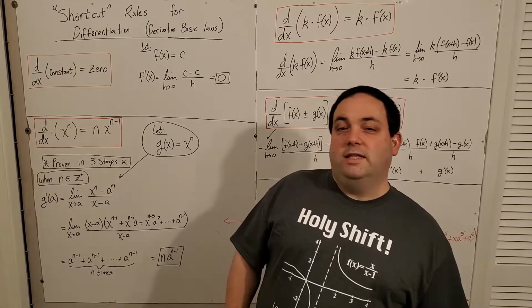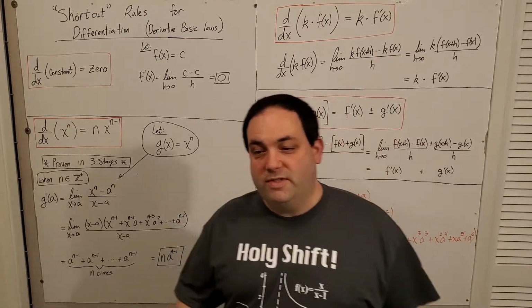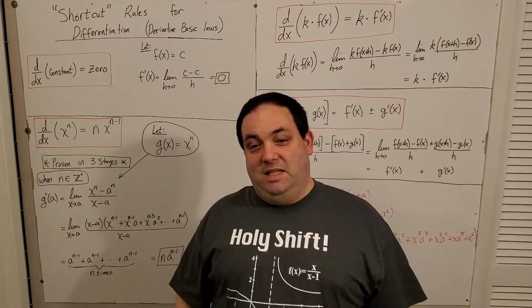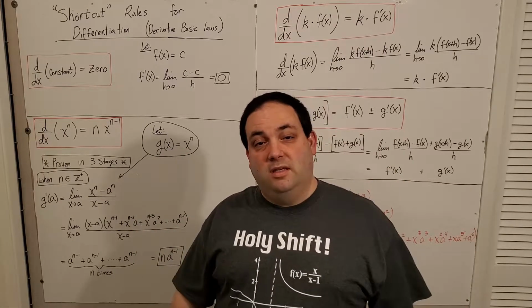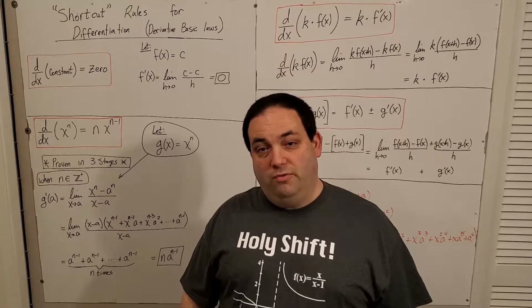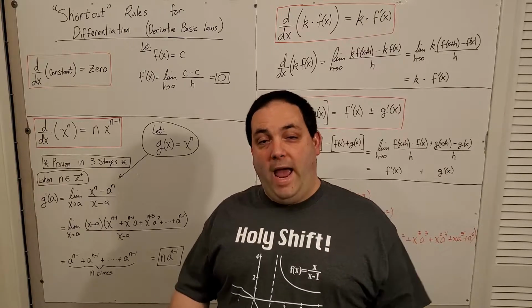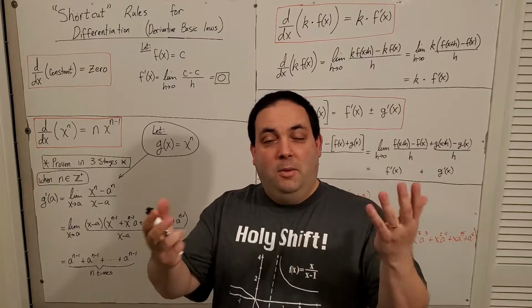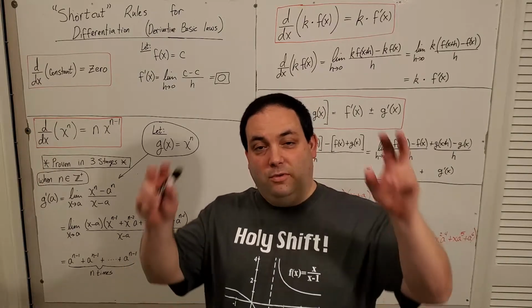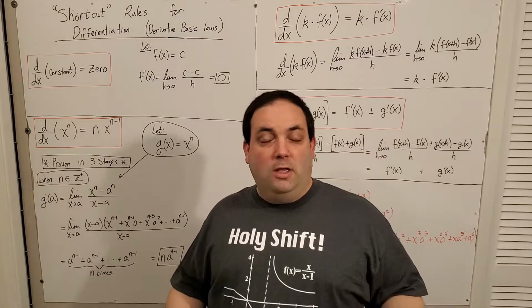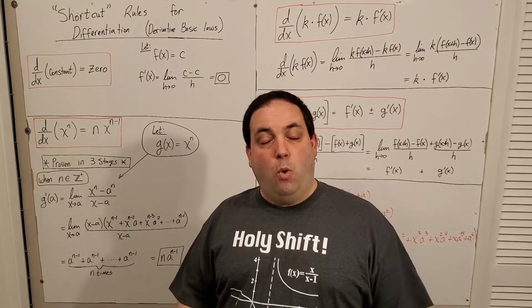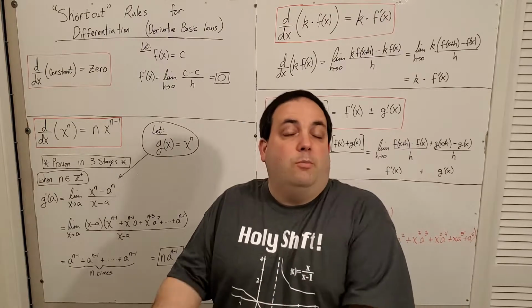And quite frankly, when you want to take the derivative of something massive and complicated, those limits can be a little bit interesting to try and resolve. So what we have are what are usually called by a lot of students the shortcut rules, right? Really, these are derivative laws that work 99% of the time.